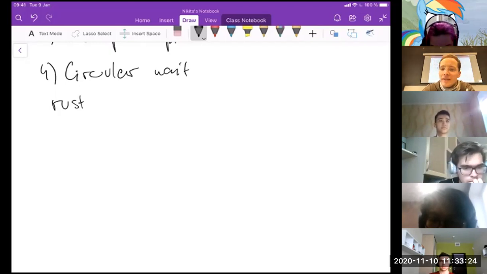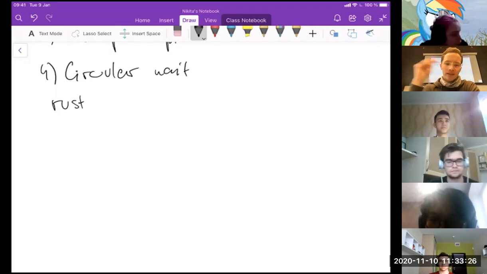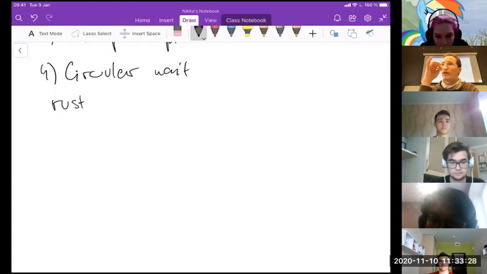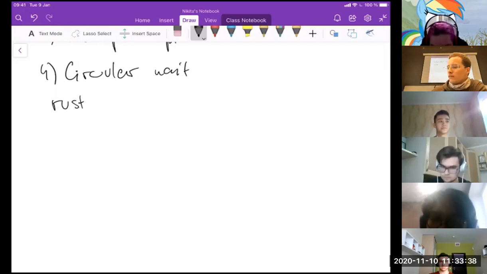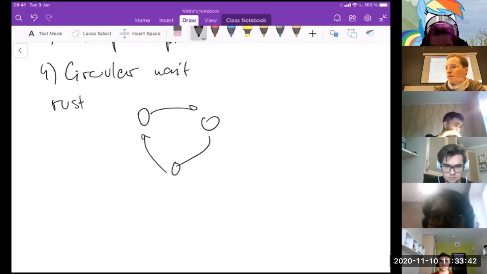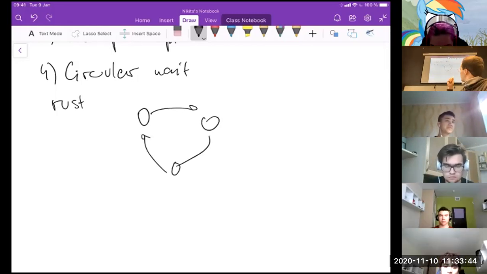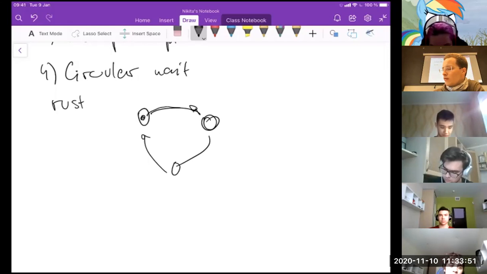Okay, no, really. How can we prevent it? So, we can detect. We can build this dependency graph. We can find the loop. How can we prevent circular wait? You can forbid the process to hold more than one resource at a time. Okay, this one holds one at a time. This one holds one resource.